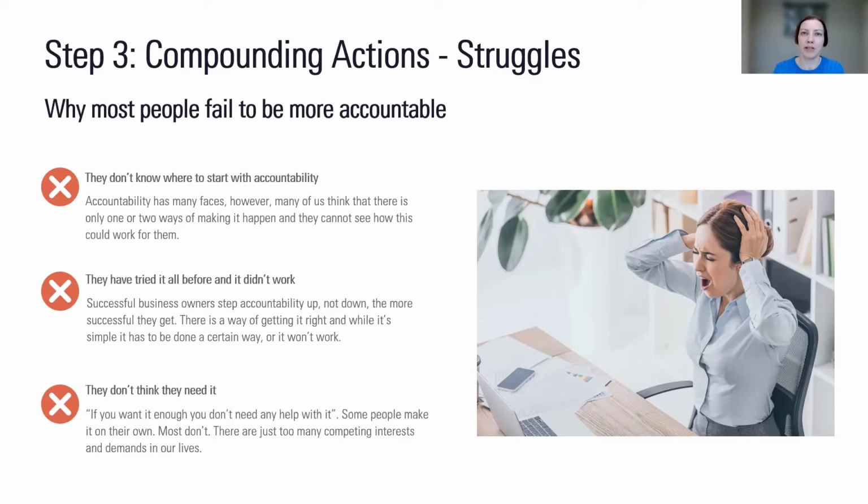So finding the right way is important, and I'm going to come in a moment to how to look for that. The other reason why people don't succeed with being as accountable as they would ideally like to be, is that they tried something before and it didn't work. So again, it might not have matched their circumstances.